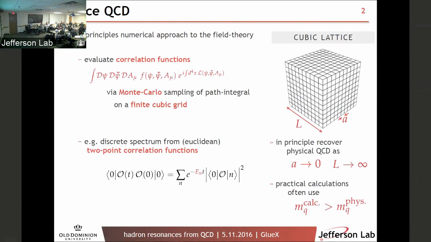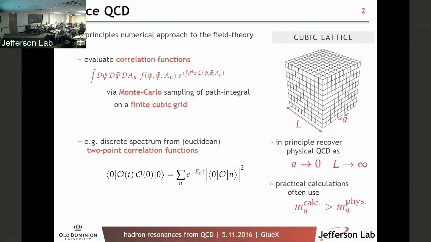So we take the light quark masses, which are extremely light in this universe, and we artificially tune them up to a higher value. It's still QCD, we've just adjusted one external parameter. In principle, over time, you improve this. You go lower and lower in the light quark masses until eventually you can afford to do calculations at the physical quark mass. But in practice, most calculations do this.